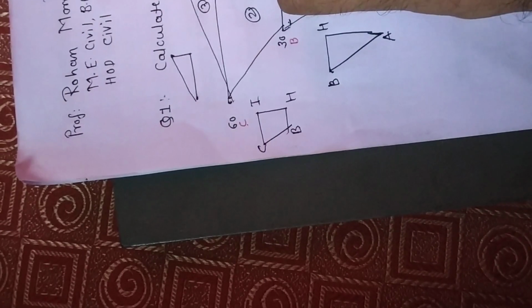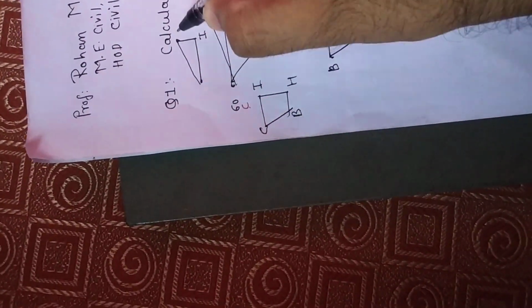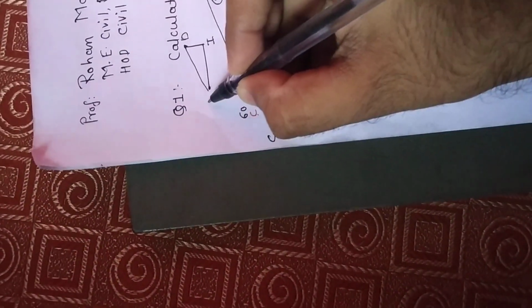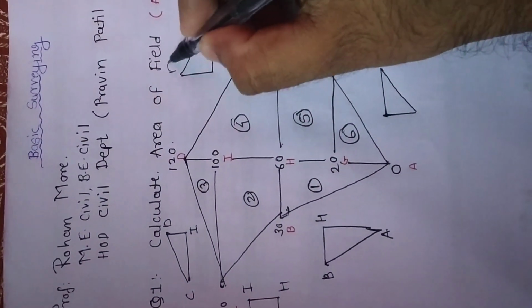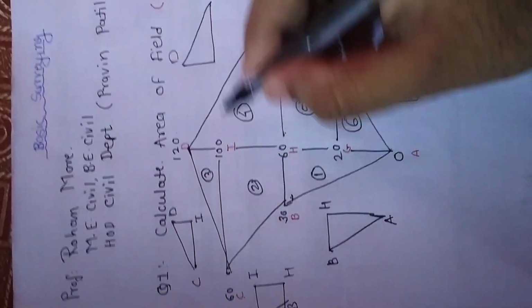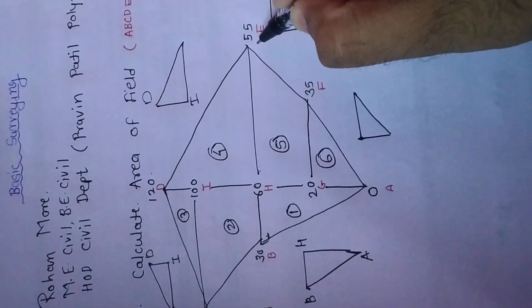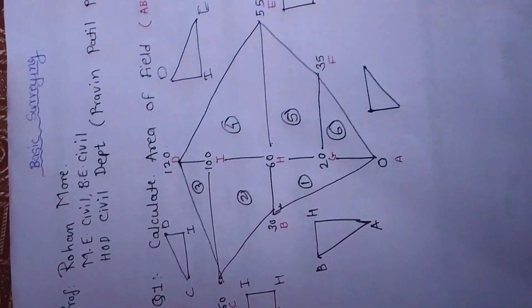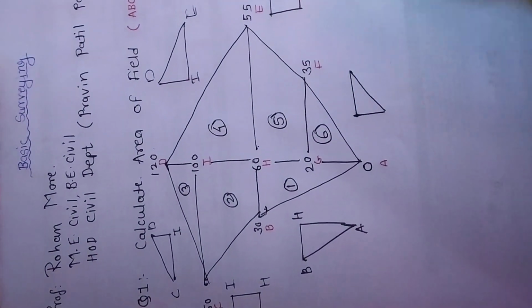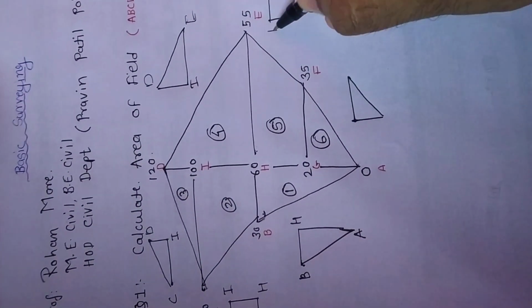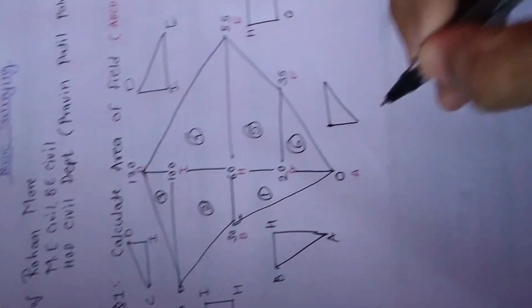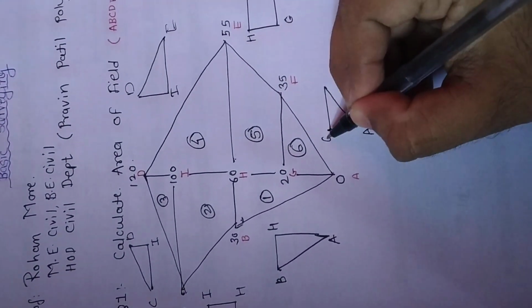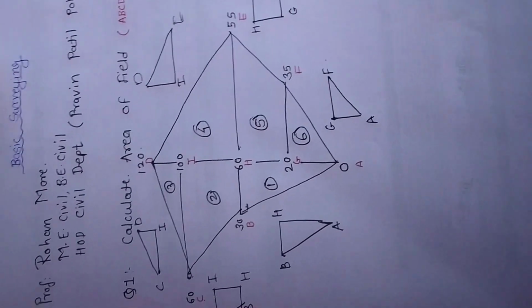See in this figure, this is I, this is D, this is C, this is D, this is I, this is E, this is G, H, E, F, and lastly A, G, F.